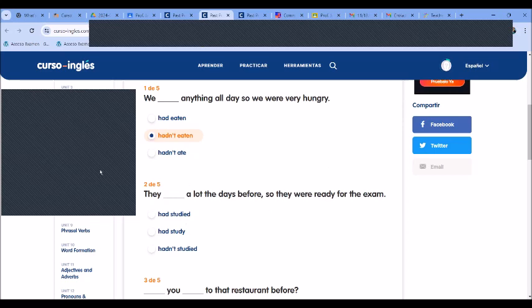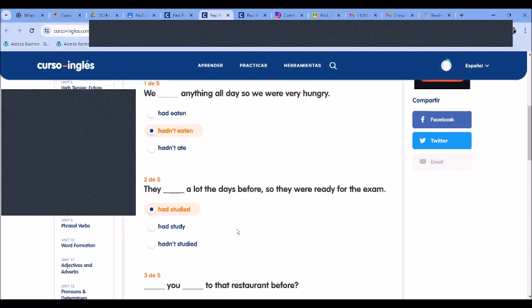They hadn't studied a lot the days before, so they were ready for the exam. Which one? Hadn't or had? Had. Porque ya están listos. Significa que han estudiado. All right? Good. Back to you, Yaira, number 3.